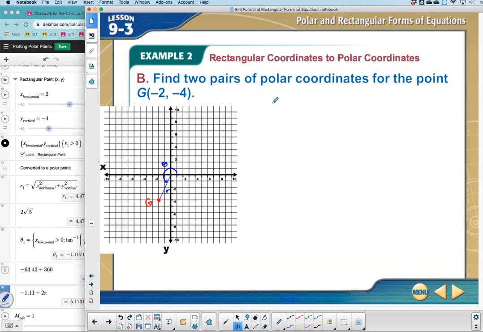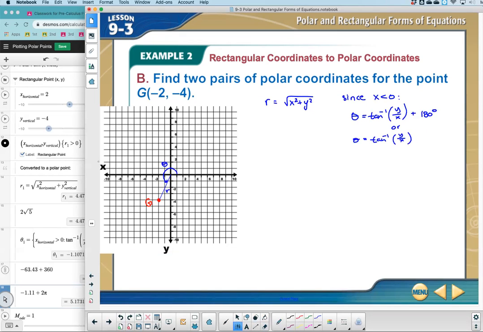Okay, so our formula, if you remember, is that R is going to equal the square root of x squared plus y squared. And since this time x is negative, since x is less than 0, I'm going to use the formula that theta equals the inverse tangent of y over x, and it's plus 180 if you're in degrees, or if you're in radians, it'd be the same thing but plus pi.